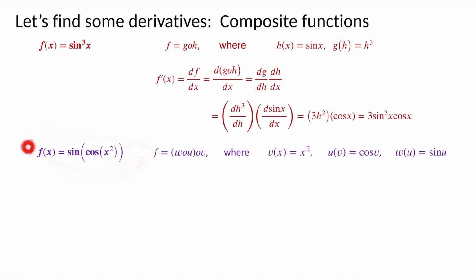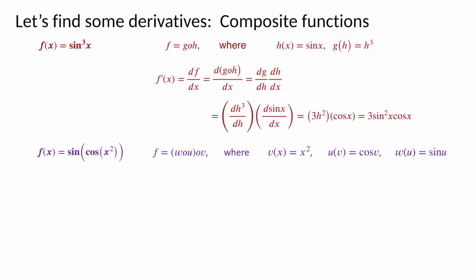Similarly, we have another example here, sine of cos x square, and here we can express this as w of u of v, a slightly more complex composite function, where v is expressed as x squared, u is expressed as cos of v, and w is expressed as sine of u.